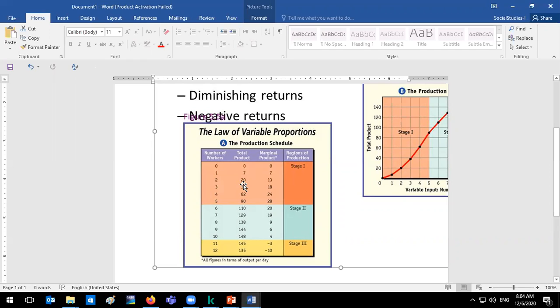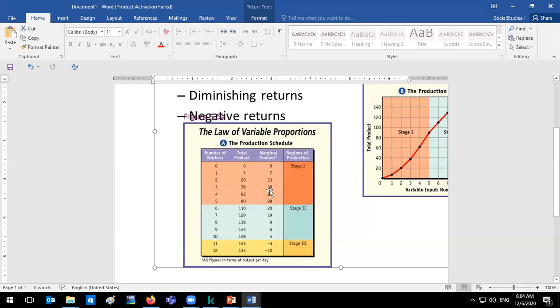Now at 2 employees, I produced 20 units of goods. That was my total output for the company at 2 employees. What is the marginal product of 2 employees? It's the extra goods produced by the second employee. At one employee, I had 7. Now that I have 2, I do 20 minus 7, and that gives me 13. So how do I get the 18 for 3 employees?